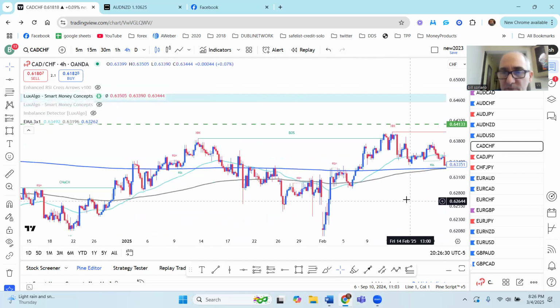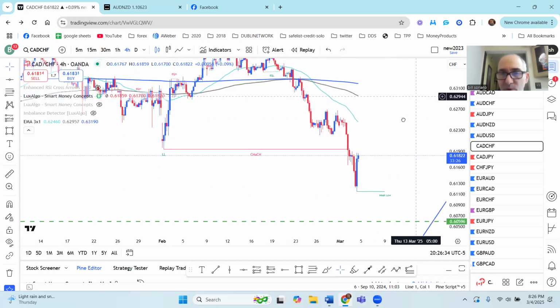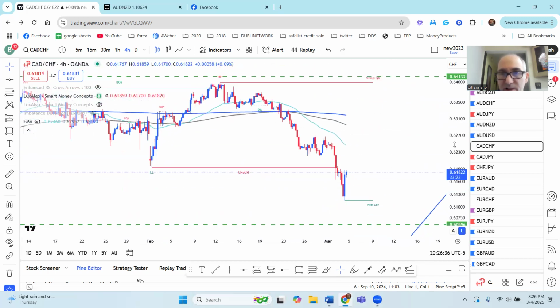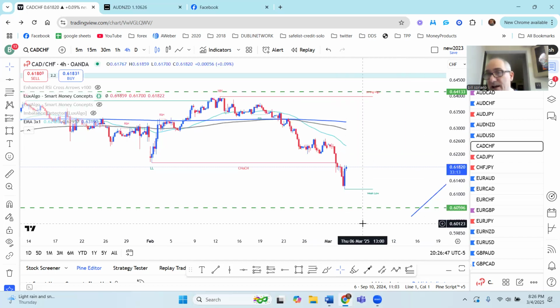But really what we're looking for here in CADCHF is we need it to decide which way it wants to go, right? So until we get a move to the upside, maybe we mitigate this supply zone up here and then it goes down further, or we get a move to the downside and we get that change of character, telling us that, well, actually, it wouldn't be a change of character.